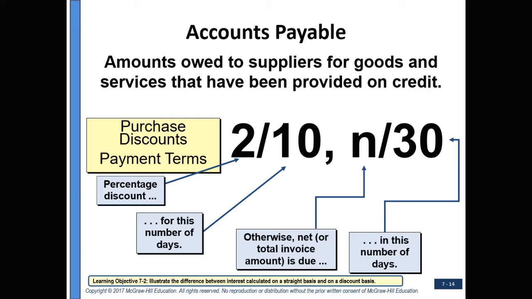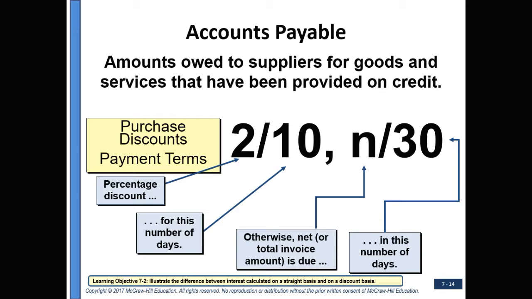The terms are the same as you would see if we extended them underneath an accounts receivable side. A purchase discount is the percentage of a discount that can be taken if the payment is received within a stated number of days. Otherwise, the net amount, the total invoice amount, is due by the later number of days.